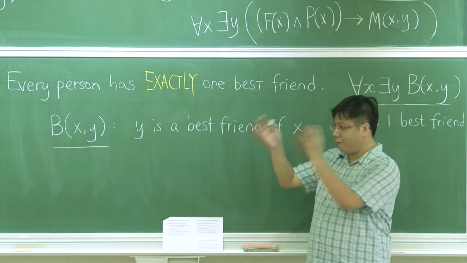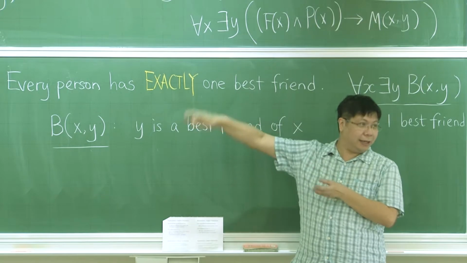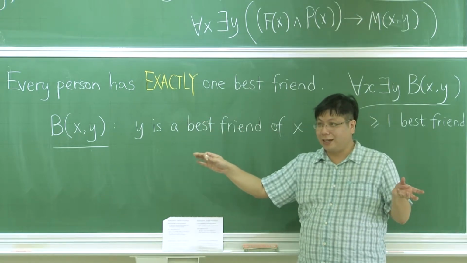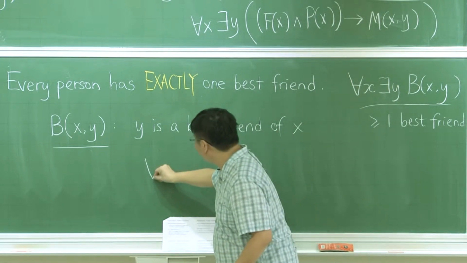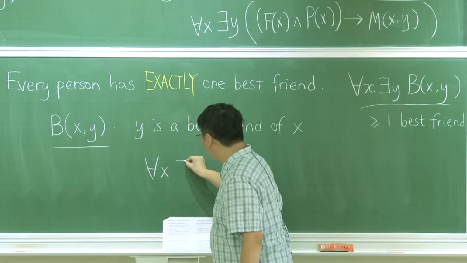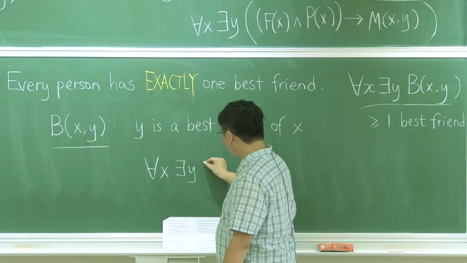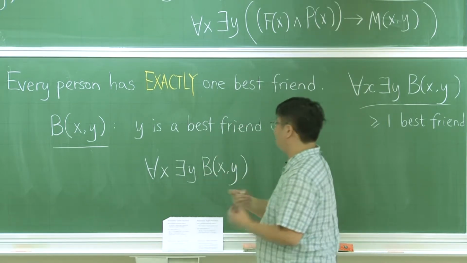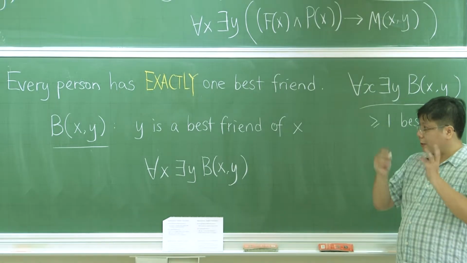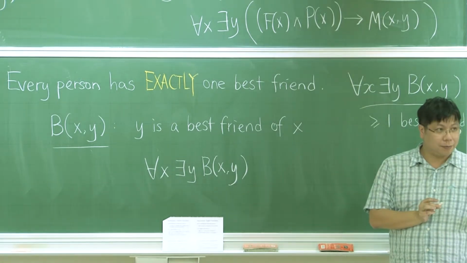I love you, but I do not love any other person. So we have something like this. This already means I love you: for all x there exists y, b(x,y). For all x there is some y I love.